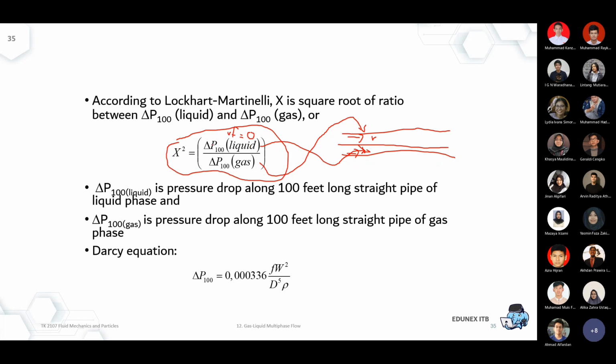Again, for the pure liquid and the pure gas, you can use the Darcy equation, or the Fanning factor, or the Moody factor, assuming all of it is liquid or all of it is gas.